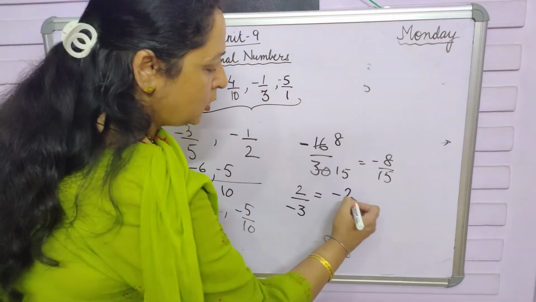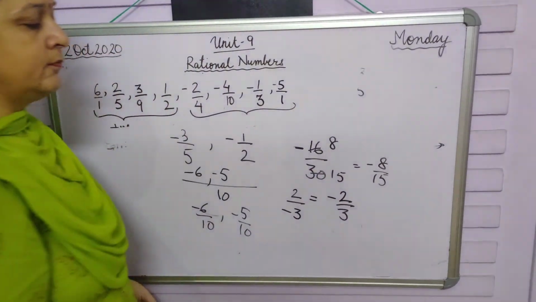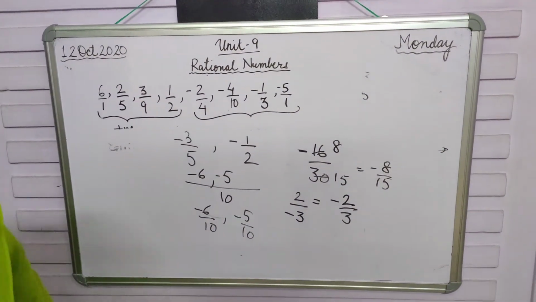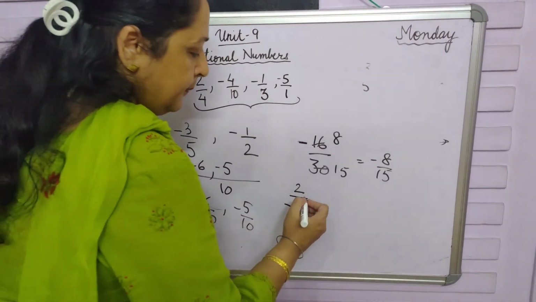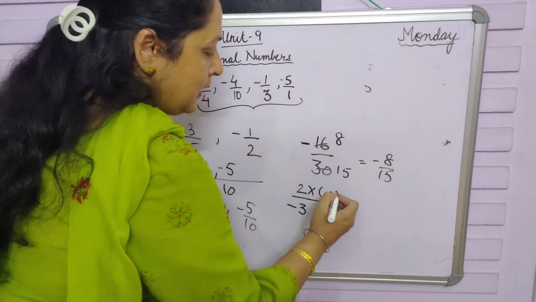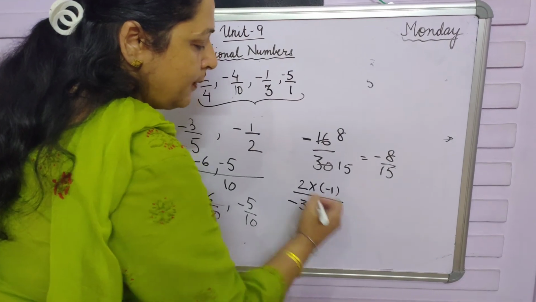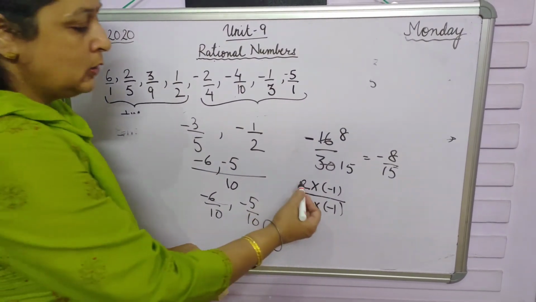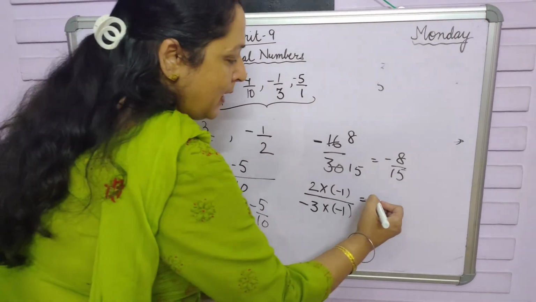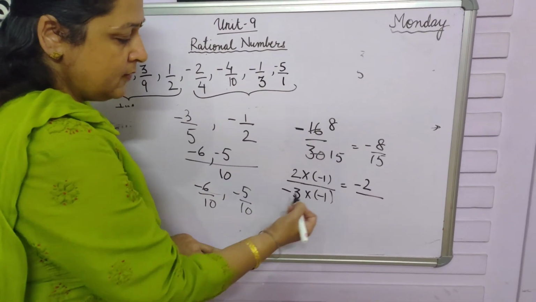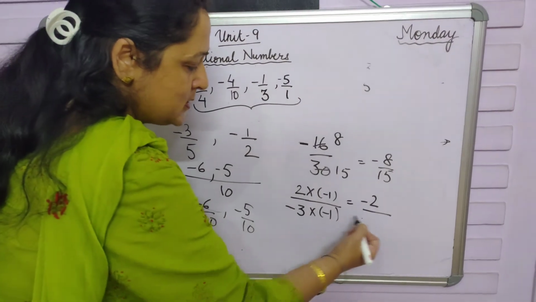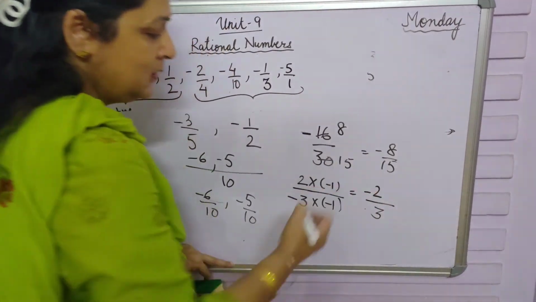Now this sign automatically goes to the numerator. And how does it go to the numerator? Because actually we multiply both numerator and denominator by the same number, and that is minus 1. If I multiply 2 with minus 1, it will become minus 2. If I multiply minus 3 with minus 1, then minus minus is plus, and 3 ones are 3.